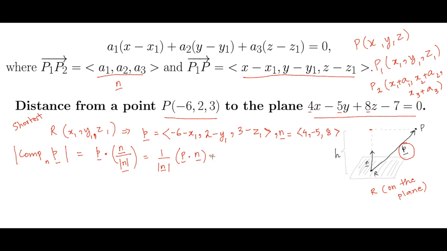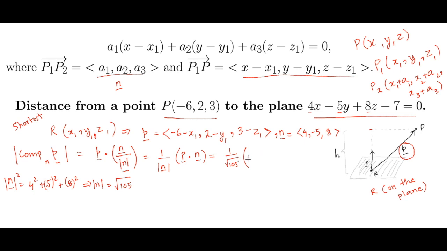What is the magnitude? It is equal to the square root of 4 squared plus negative 5 squared plus 8 squared, which is 16, 25, and 64. So this is 105. So I can say 1 over root 105, and then the dot product of this with this.